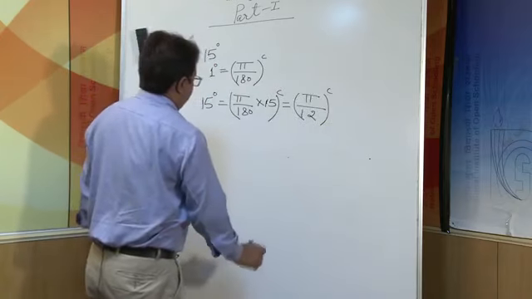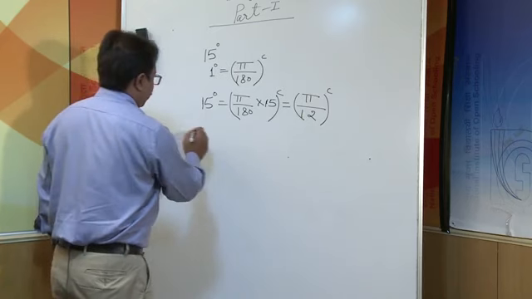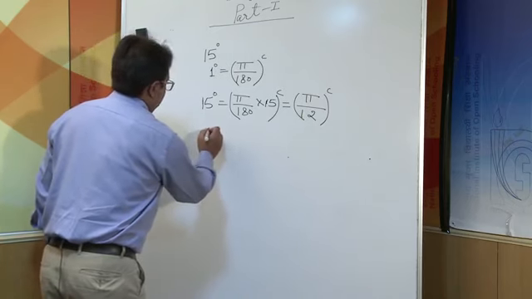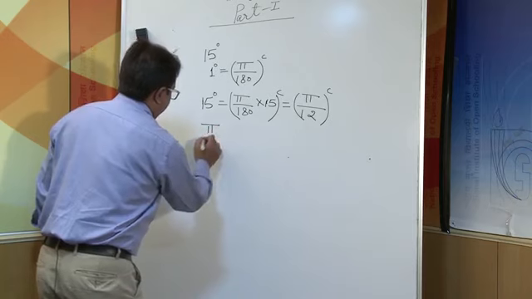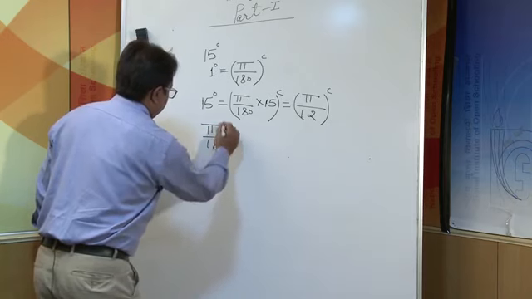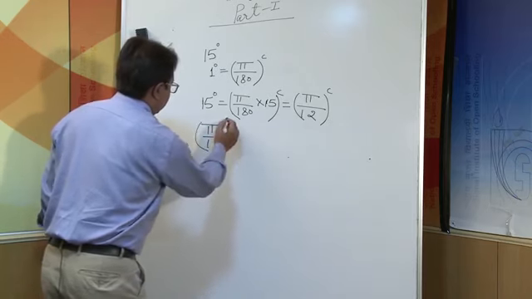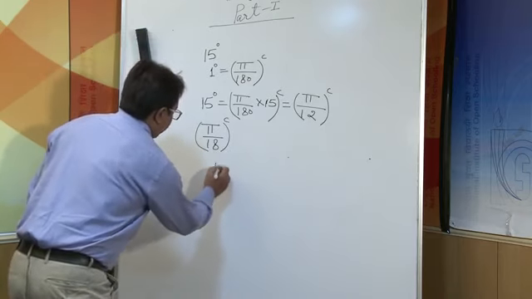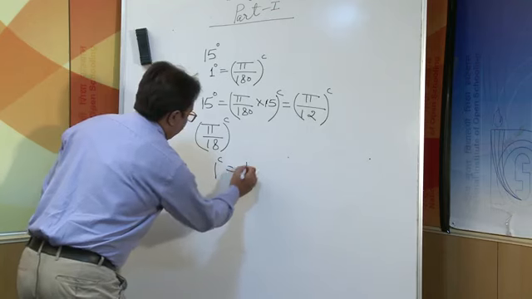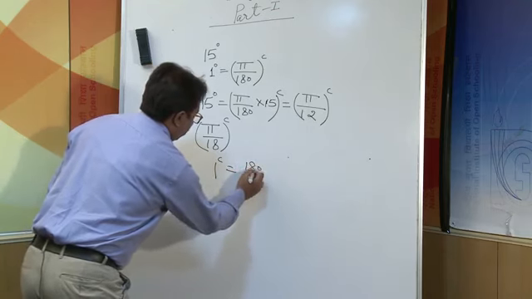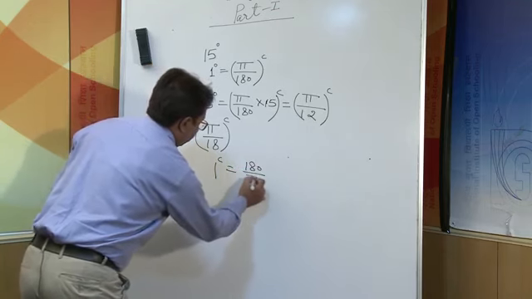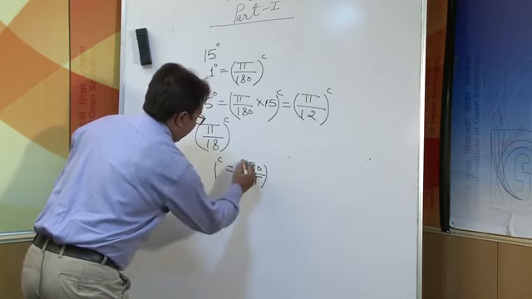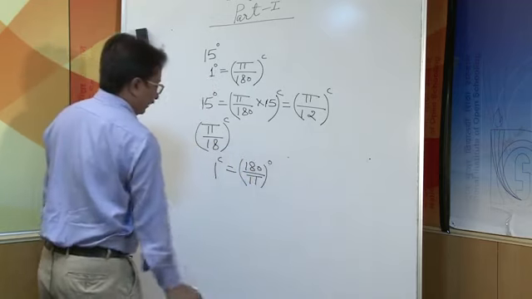This is the way we can convert a degree measure into a radian measure. Likewise, if we need to convert pi upon 18 radians into degrees, we know 1 radian was equal to 180 upon pi degrees.